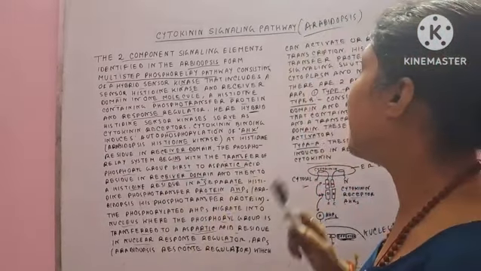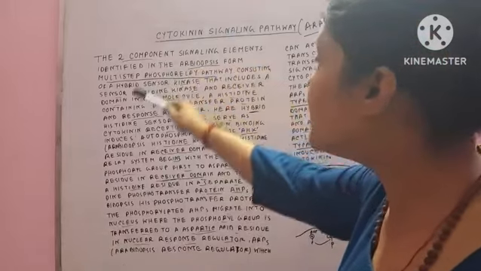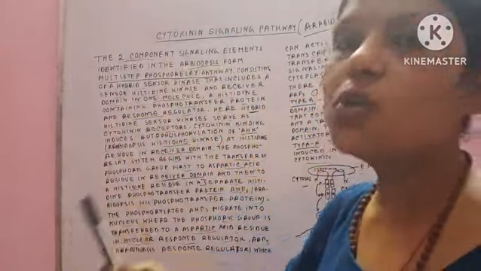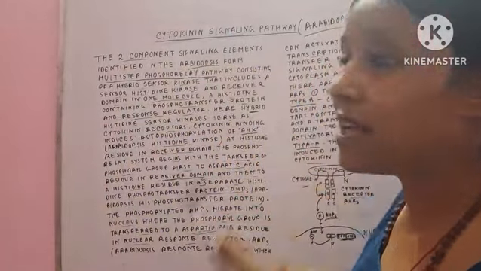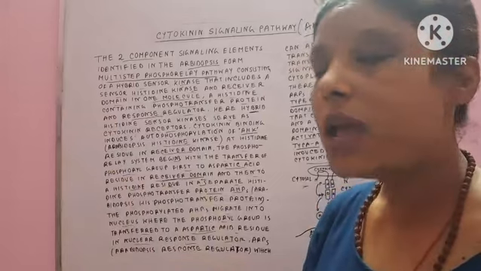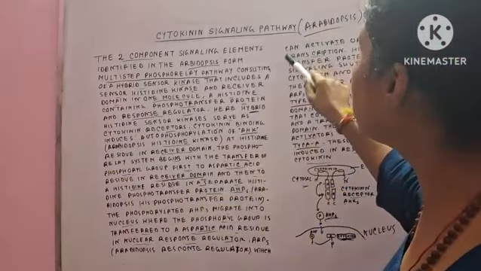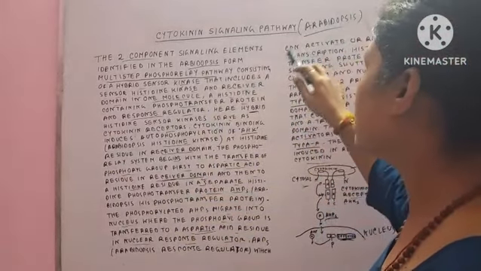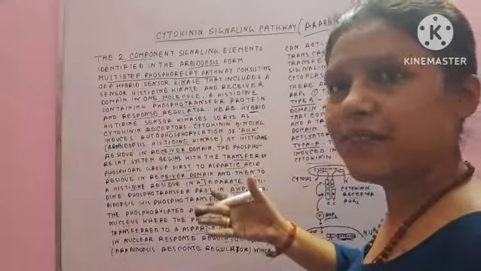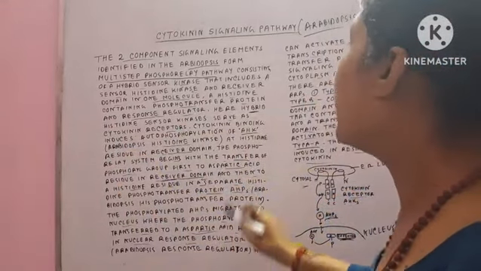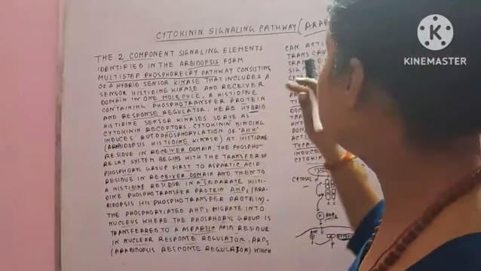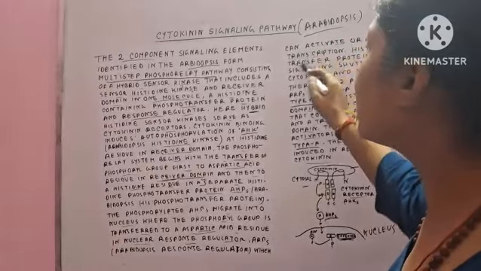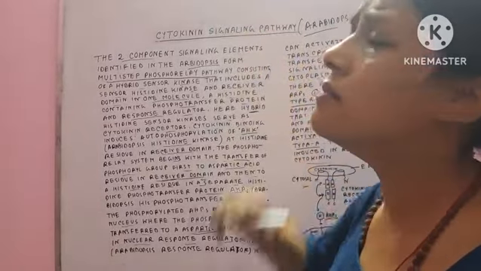These are the factors involved in continuing the cytokinin signaling pathway, and it is continued when the transcription process continues. Without transcription, the genes that are already activated by this protein are not transcribed, and so the signaling pathway stops.